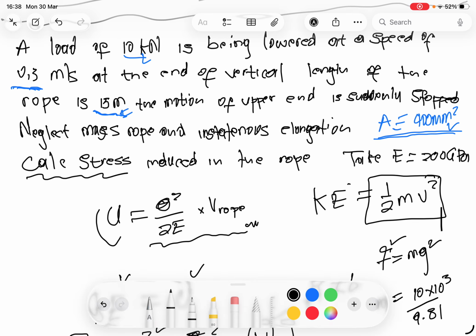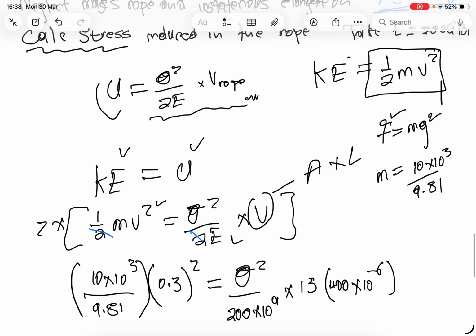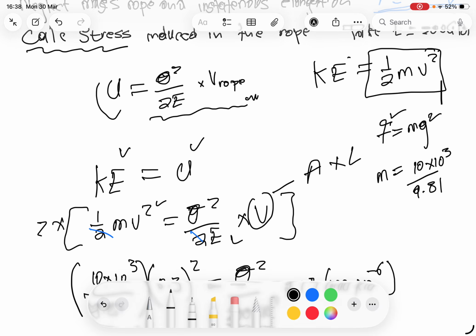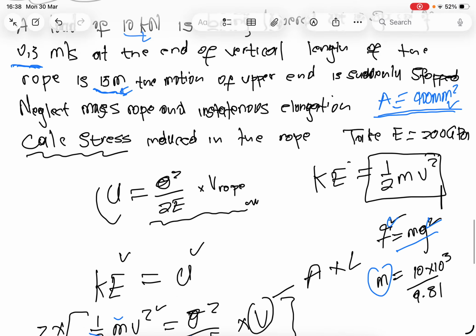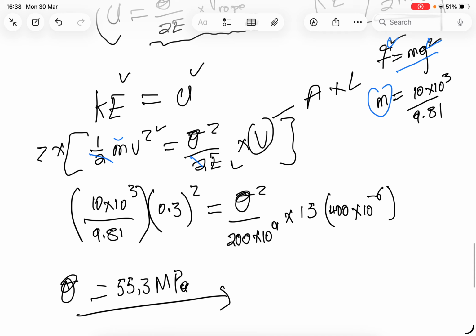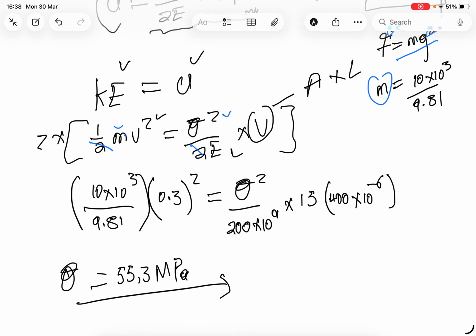Equating those two, I get this equation. I have my mass, but in terms of force: I know the force equals mg, I'm given the force and I know gravity, so I can solve for m. The velocity is given as 0.3, and it will be squared. I want the stress, which is the unknown, and E is given.